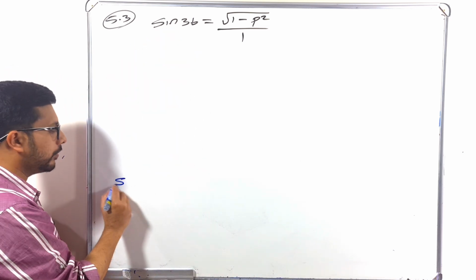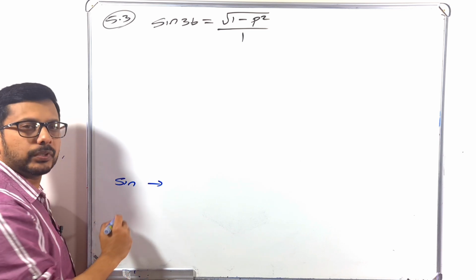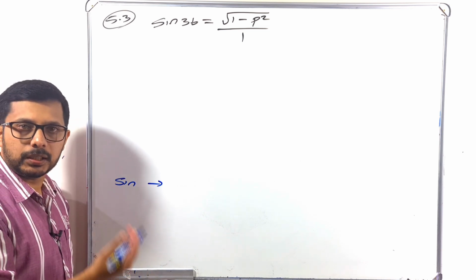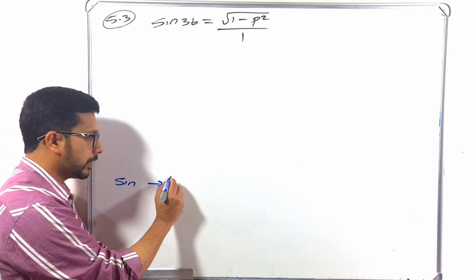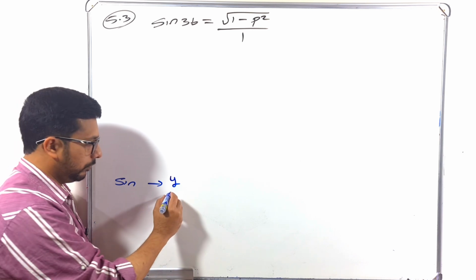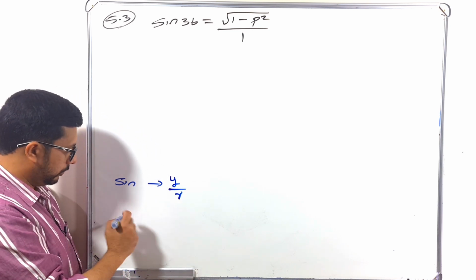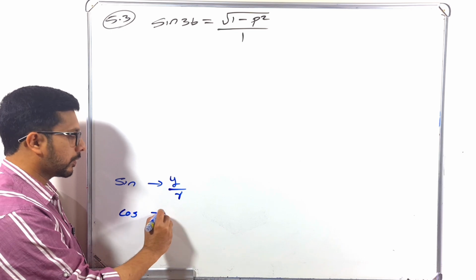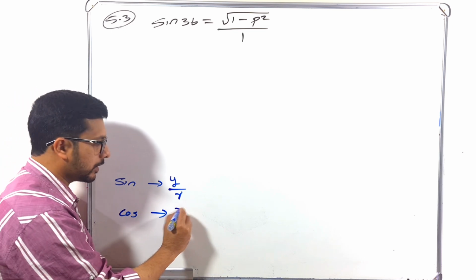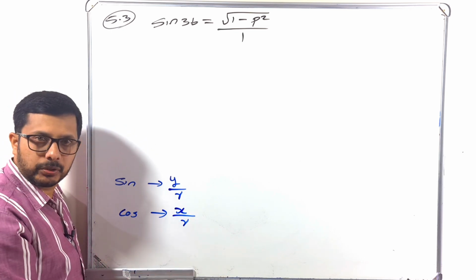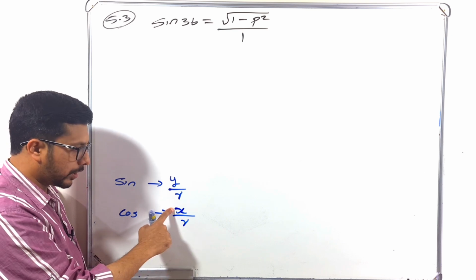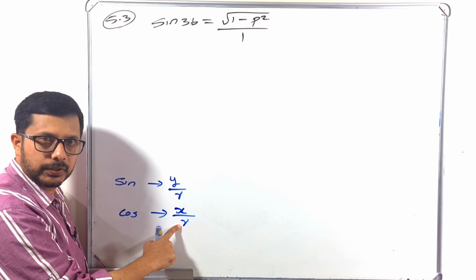What is the definition of sine? Opposite side by hypotenuse. Opposite side we represent with y and hypotenuse we represent with r. What is the definition of cos? Adjacent side divided by hypotenuse. Adjacent side we represent with x, hypotenuse we represent with r.